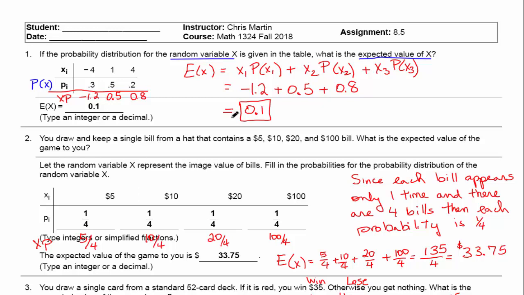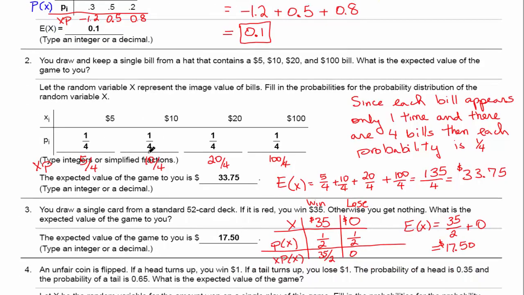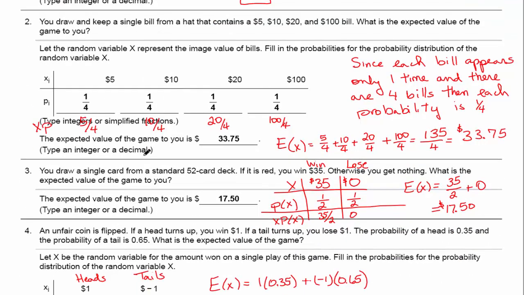It typically is applied to games of chance, as in question 2. In question 2, we have a hat, and this hat has in it a $5 bill, a $10 bill, a $20, and one $100 bill. So that's all that's in the hat, one of each of these.